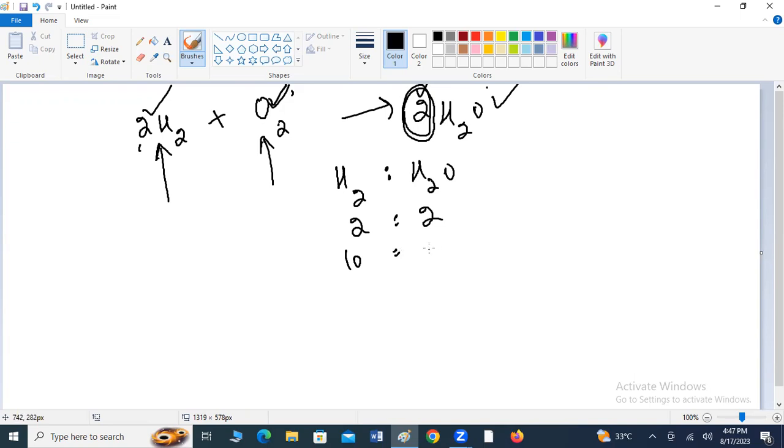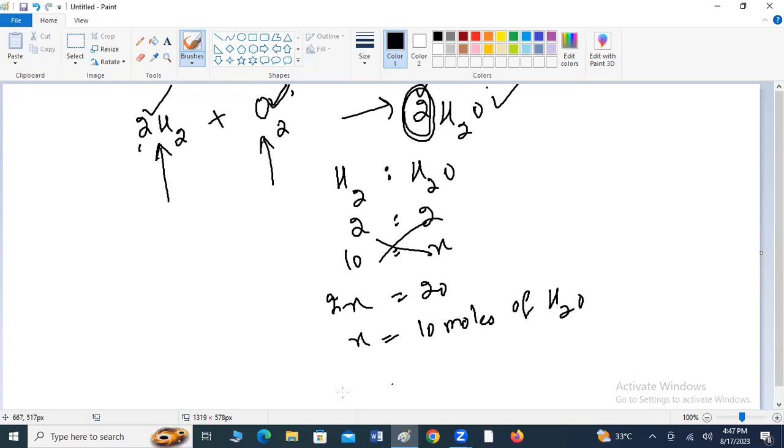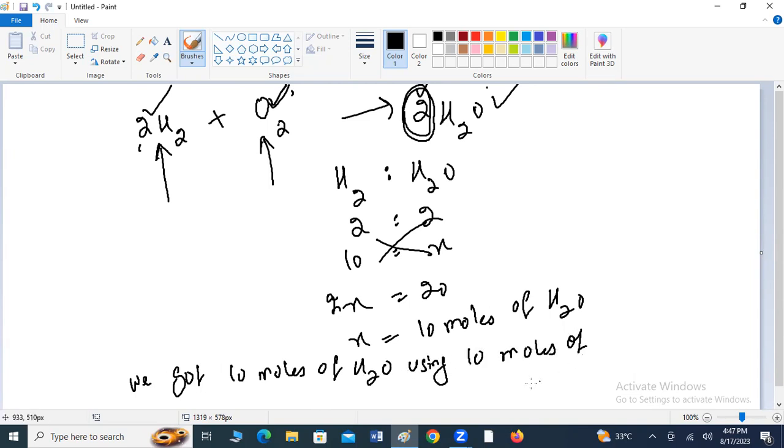And what about water? H2O, X, because we don't know. We will cross multiply. 2x is equal to 20. X is equal to 20 by 2, which is 10 moles of water. So we got 10 moles of water using 10 moles of hydrogen, right? Yes.